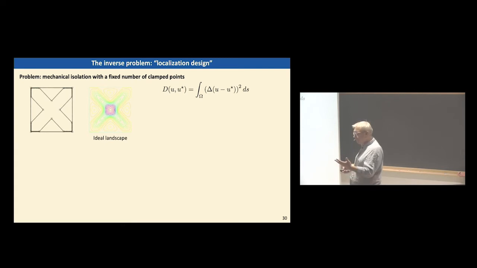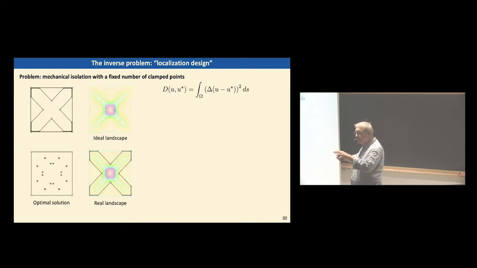And then you have your pins here, and you can move them. For each configuration of pins, you have a landscape. And the design tool gives you even a natural norm, a natural distance between two landscapes, given by the bilinear form of the wave operator, which is the energy. So you have a criterion to say how close you are to the ideal insulation.